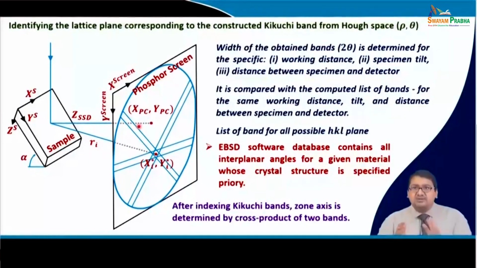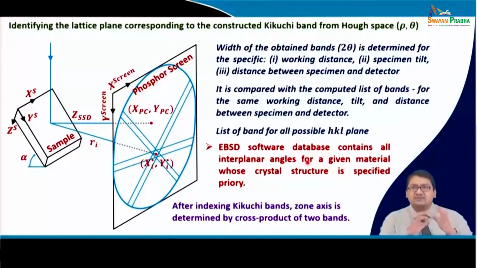Now these computed lists of bands are compared with the constructed Kikuchi pattern that is obtained, and all possible bands are compared, and then the different HKL planes corresponding to these Kikuchi bands are calculated. So, see, the EBSD software database will have to contain all interplanar angles for a certain material.